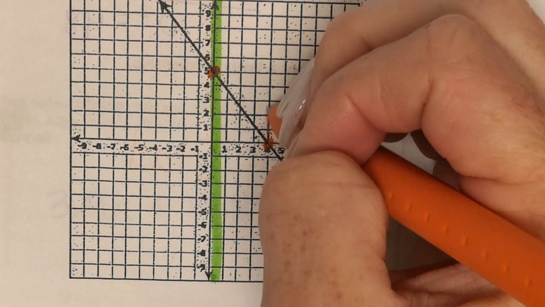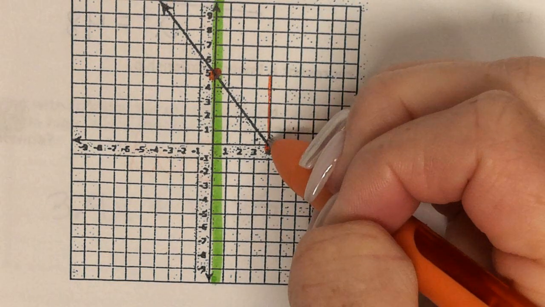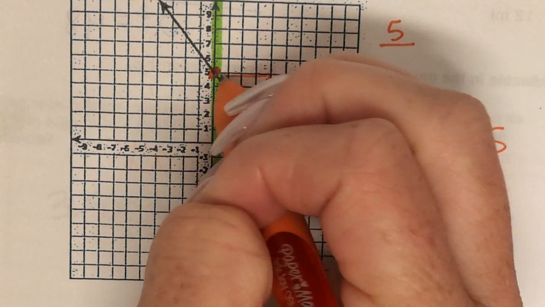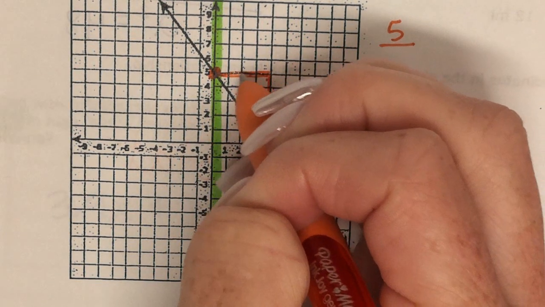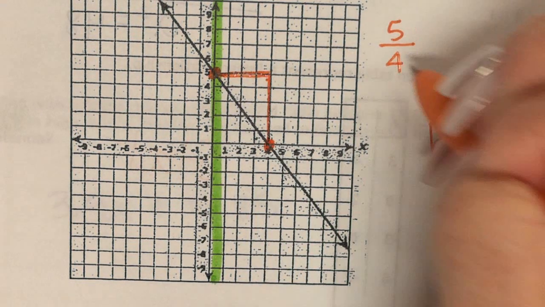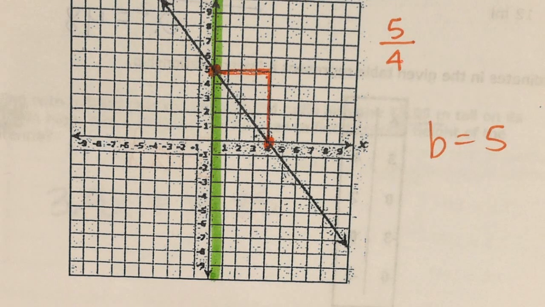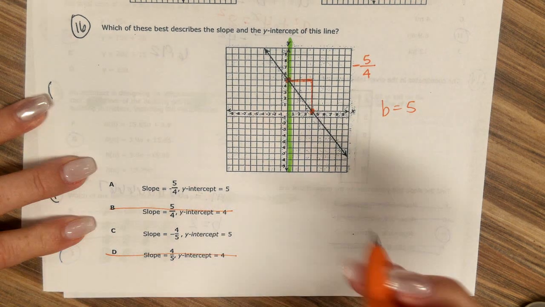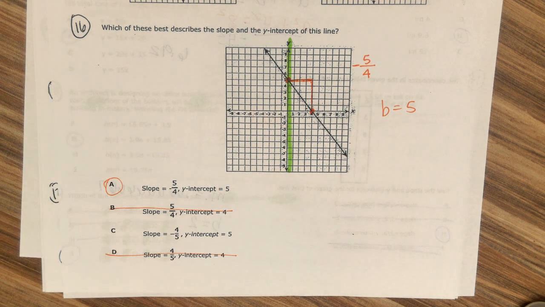If I rise up, how far did I go? 1, 2, 3, 4, 5 is my rise. My run is 1, 2, 3, 4. Since it's going down, this is what kind of slope? Negative. So the slope is -5/4. The y-intercept is 5.